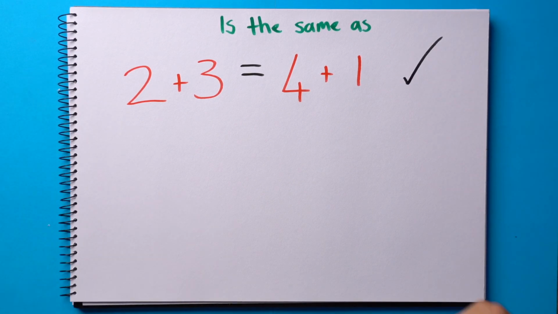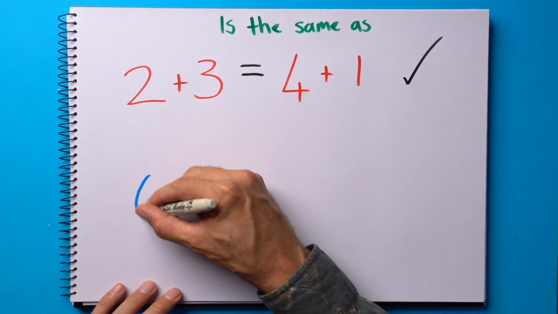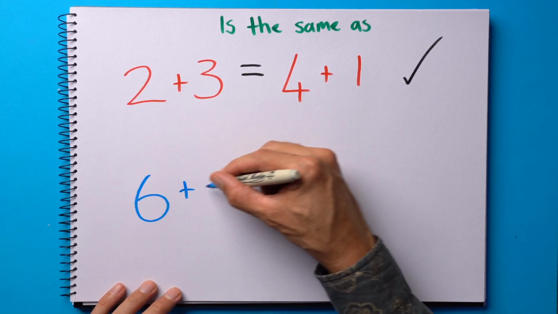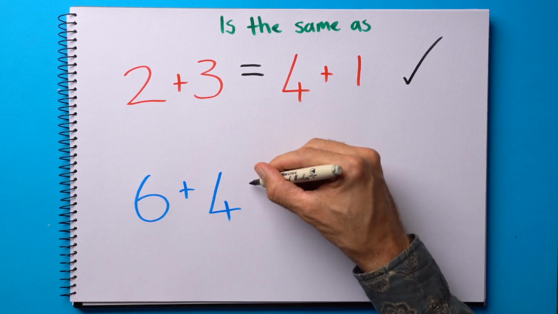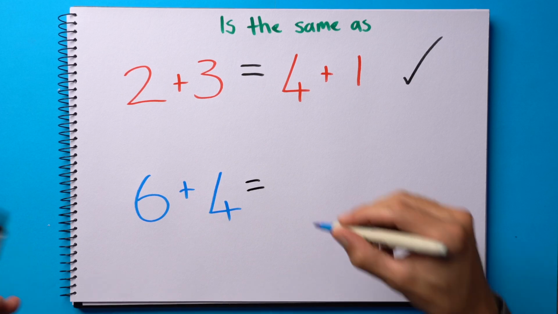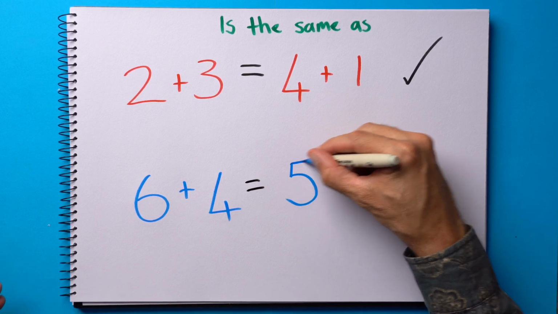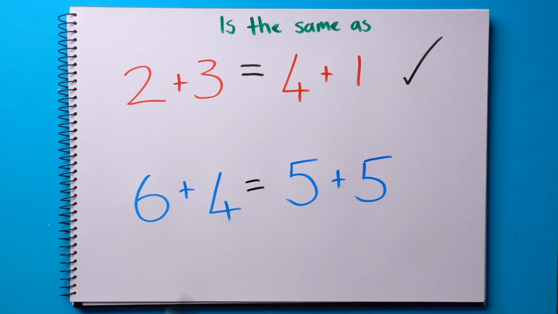To write something different, we could write 6 plus 4 is the same as 5 plus 5. So it doesn't necessarily mean we have to put the answer in its simplest form.